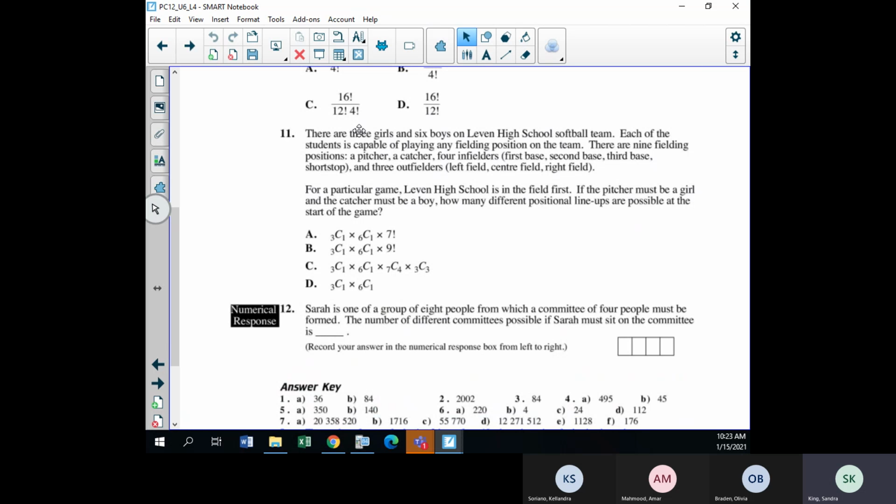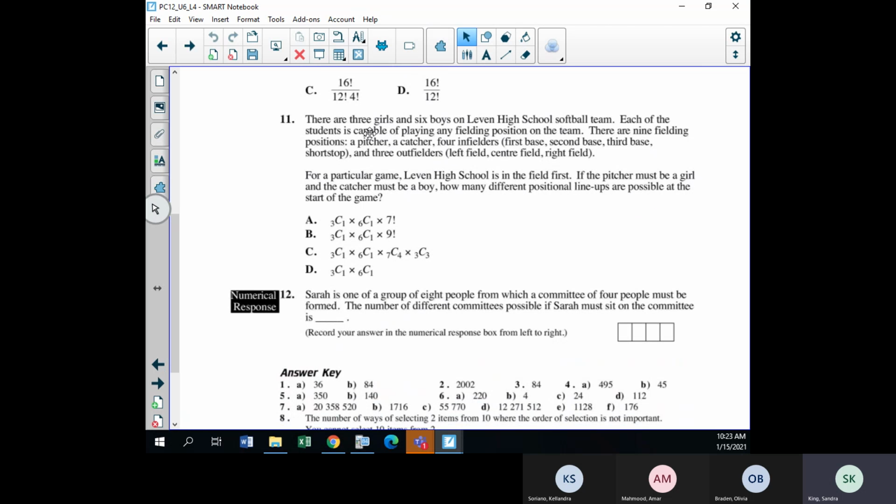How many ways are there of choosing a pitcher if we're choosing one of the girls to be the pitcher? There's only one pitcher, right? It's not a tough question. If you've got 3 girls, choose one of them to be the pitcher, that's 3 choose 1, right?